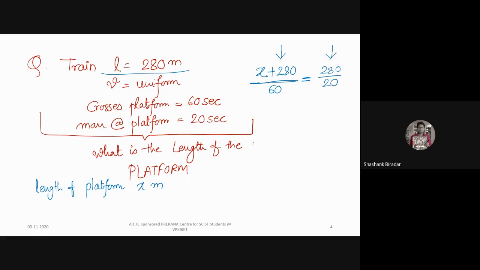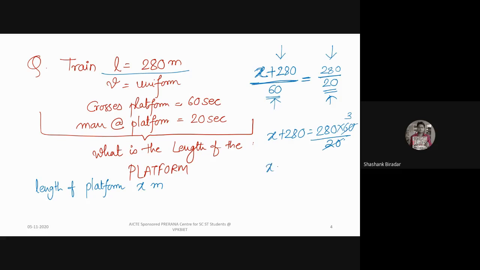To cross the platform, I am considering the length of the platform along with the length of the train, and for that, 60 seconds are required. Only the train length passes the man standing on the platform within 20 seconds. So you simply have this analogy. x plus 280 equals 280 multiplied by 60 upon 20, which is 3.